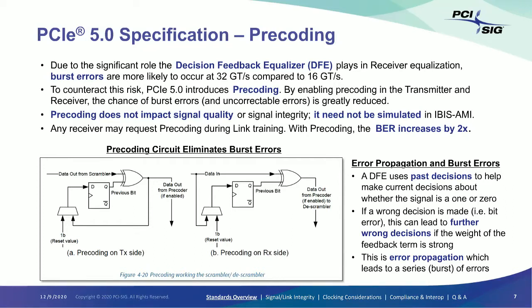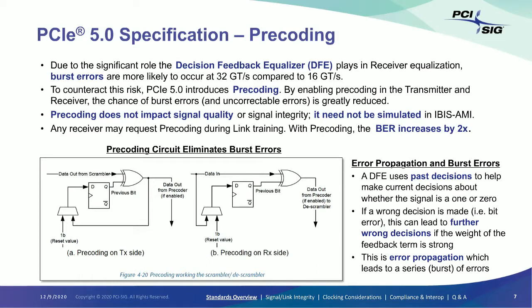And if the weight used to scale that previous decision is large, then the wrong decision will have a significant negative impact on the ability to make the correct decision for the current bit.